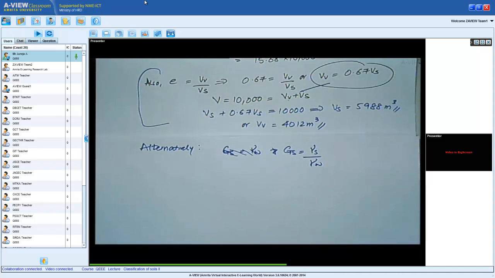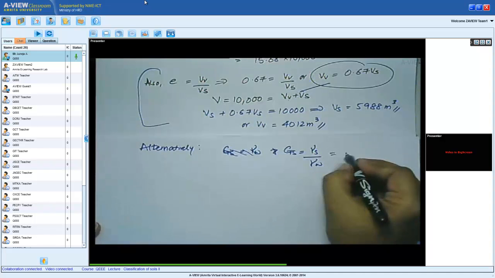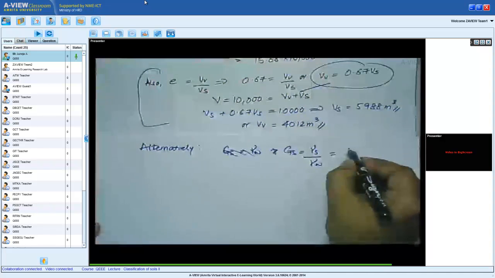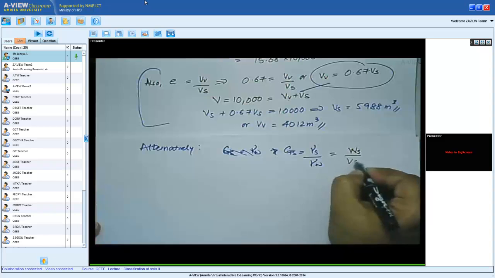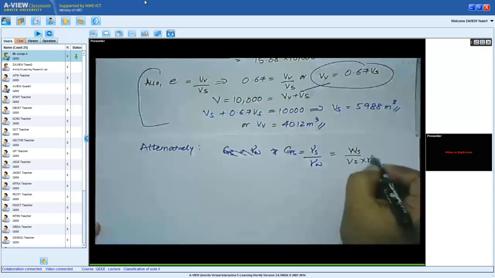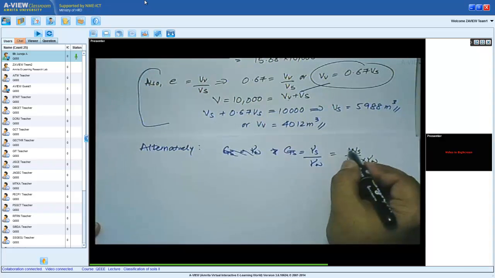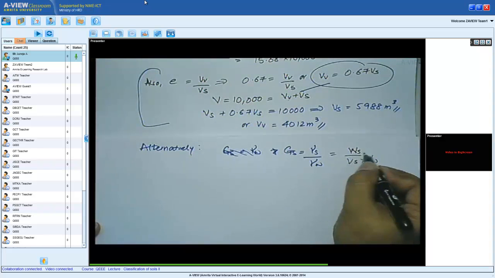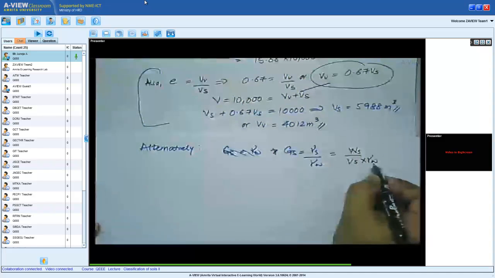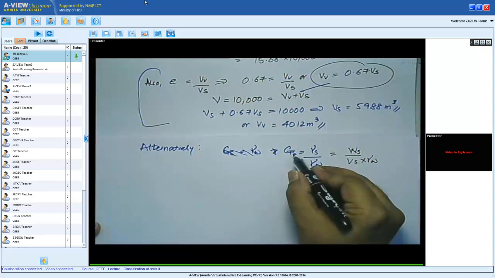Unit weight of solids equals weight of solids over volume of solids, and the denominator is the unit weight of water. This value is known to us, 9.81, and GS is known to us.